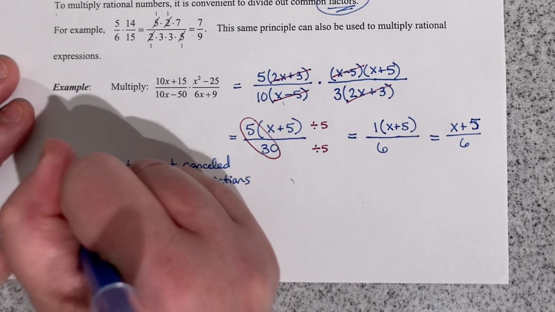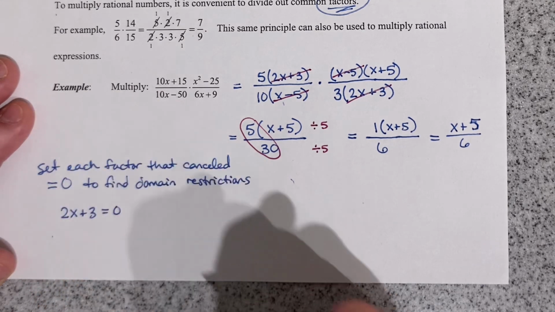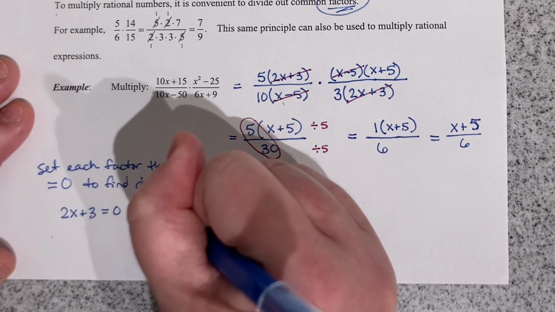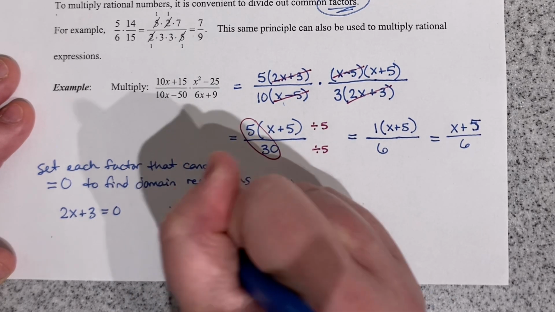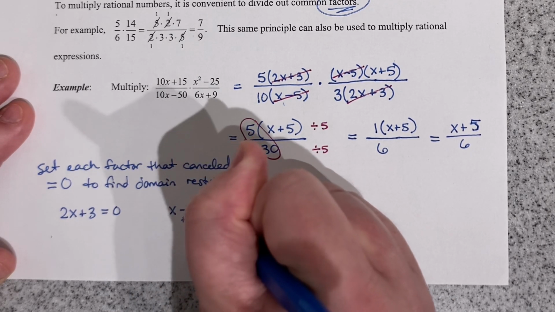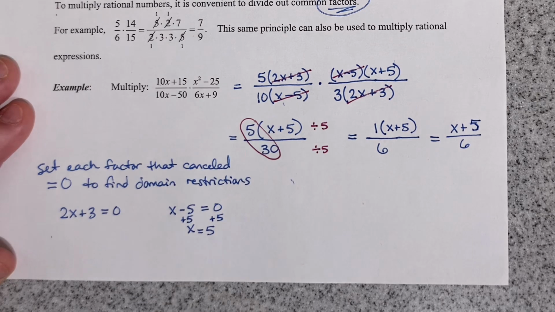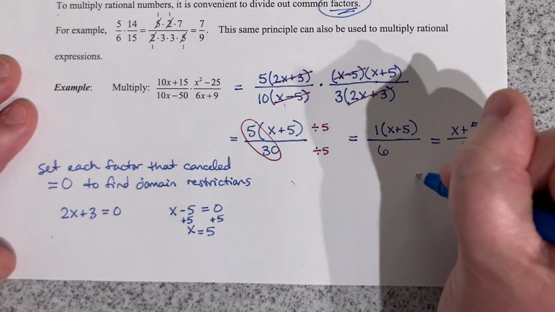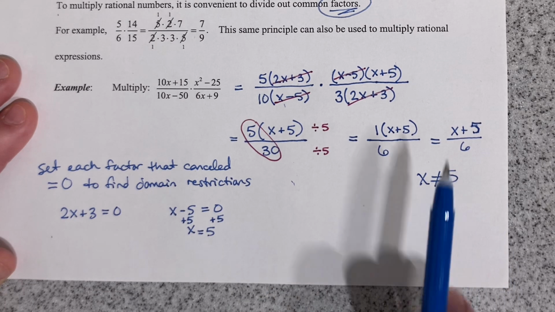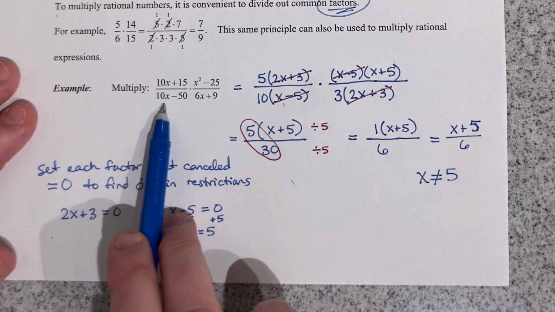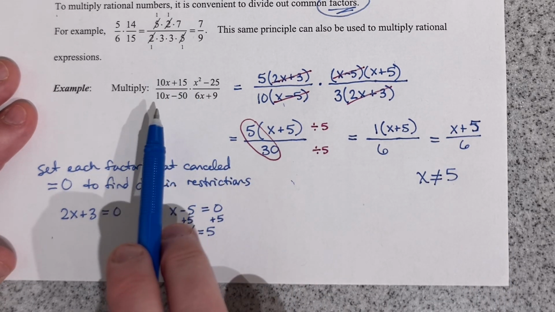We have 2x plus 3 equals 0, and then x minus 5 equals 0. X minus 5 equals 0, that's not too bad. You just add 5 to both sides. So x equals 5 is our domain restriction. So right away we know x cannot equal 5, because that would have made the original problem have a 0 in the denominator. That's the idea.